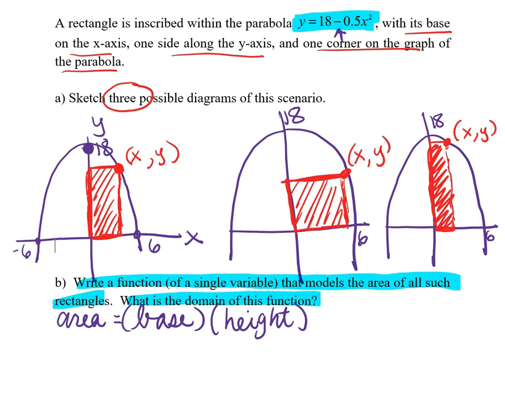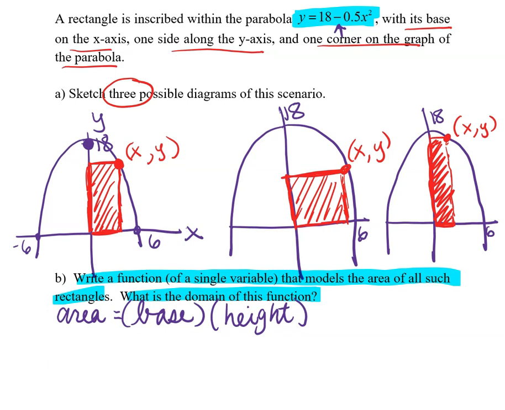Now, it's important to note that when we look at our current scenario, we have two variables. We have x and y. So if I pick any one of these diagrams, this distance here would be x, this distance here would be y, and to find the area, that would be x times y.